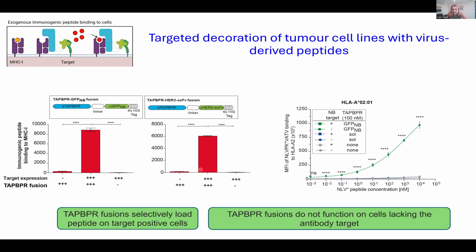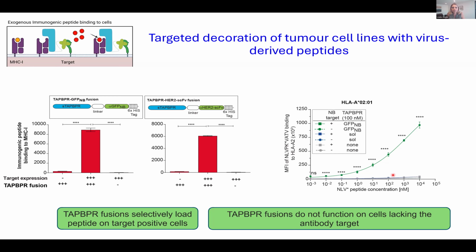We found that this was indeed the case: our TAPBPR fusion proteins were extremely efficient at loading peptides onto tumour cells expressing the target protein, but they didn't load peptides onto cells that lacked the nanobody or the single-chain variable fragment protein. And here in this line graph, you can see just how efficient these TAPBPR fusion proteins are at loading peptides onto target-positive tumour cells.